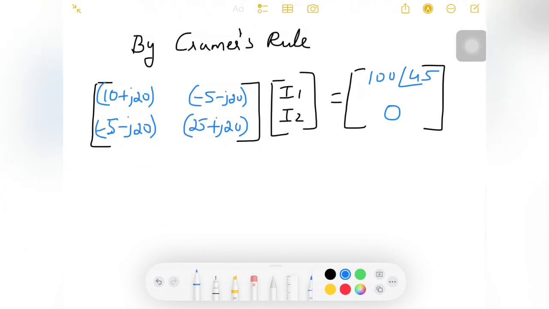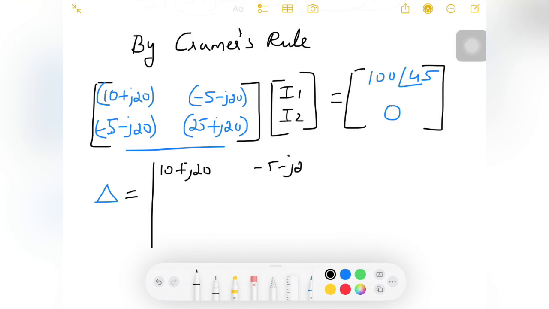Now I will take the determinant of this matrix, indicated as delta. That is equal to the matrix with 10 plus j20, minus 5 minus j20, minus 5 minus j20, and 25 plus j20.